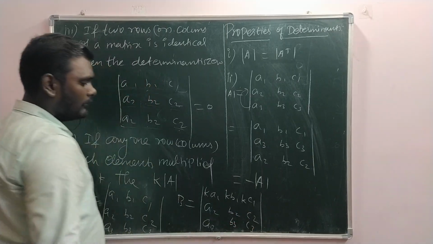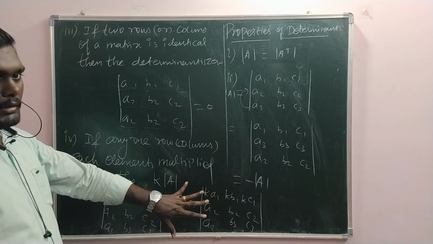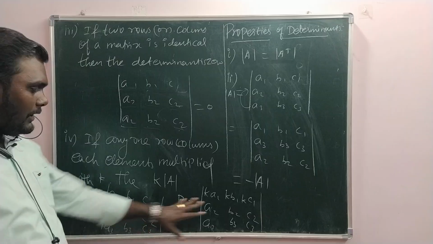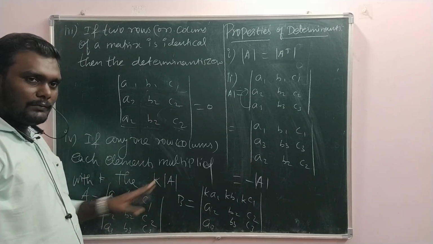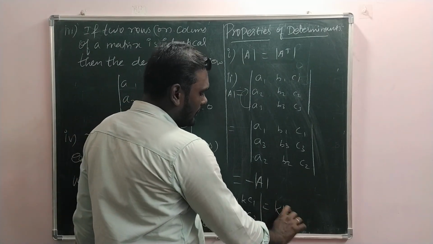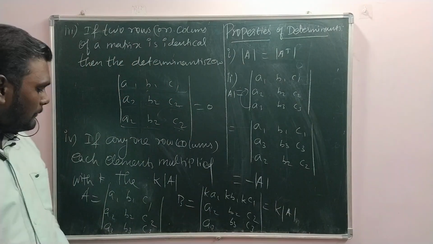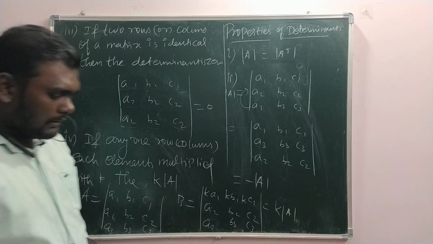For this matrix we don't need to calculate the determinant separately. If all the entries are the same but one row or one column is just a multiple, we can simply put it equal to k times the determinant of A. Finding the determinant of this matrix alone is enough. That is the idea. Shall I erase this?